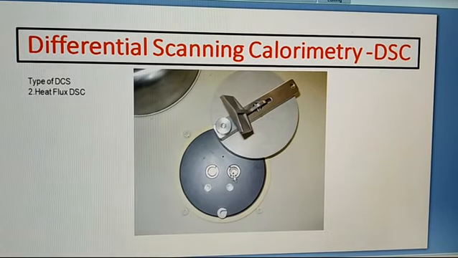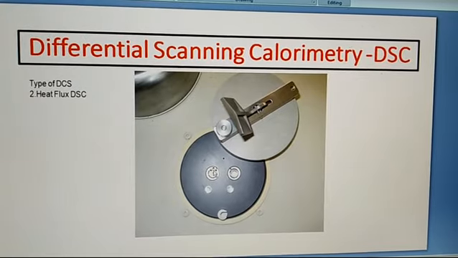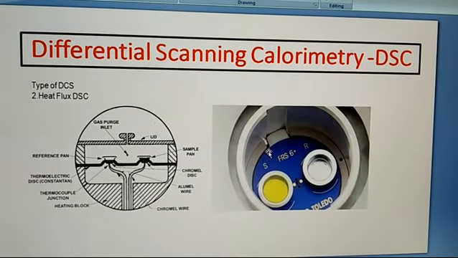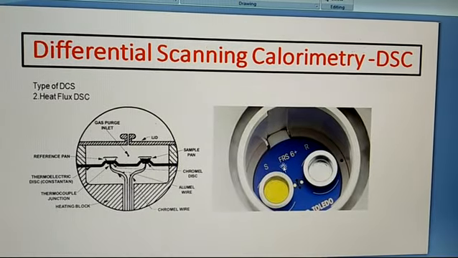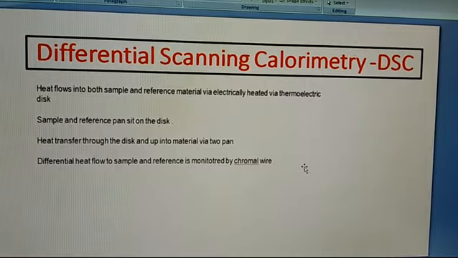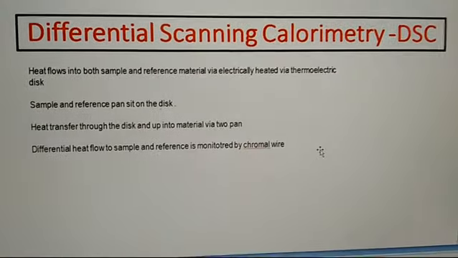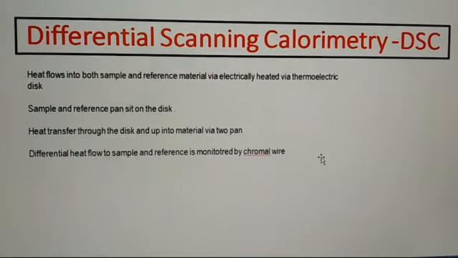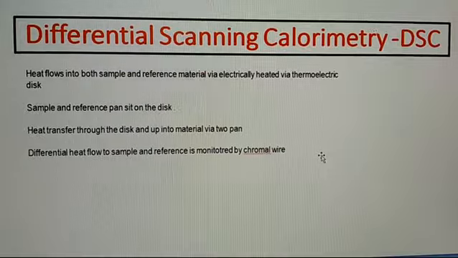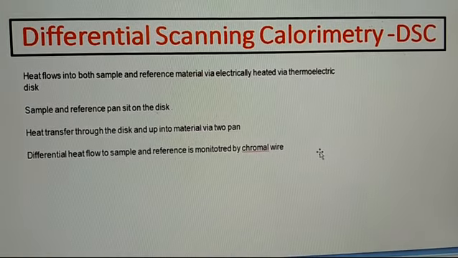In the heat flux apparatus, here is the sample holder, and second is the reference sample holder. The heat flows into both sample and reference material, electrically heated by thermoelectric discs.